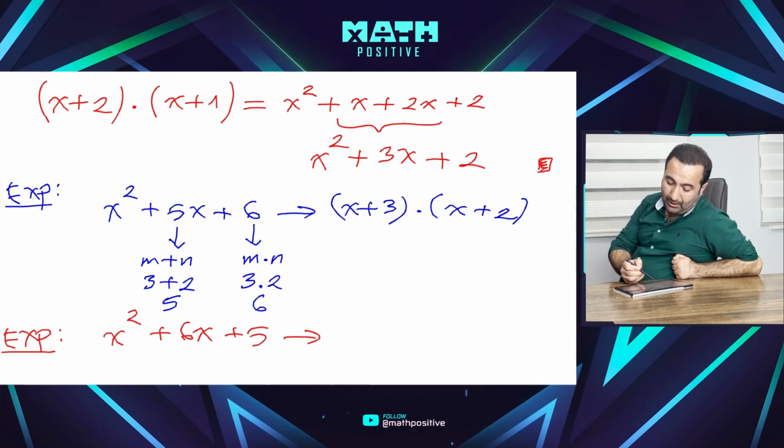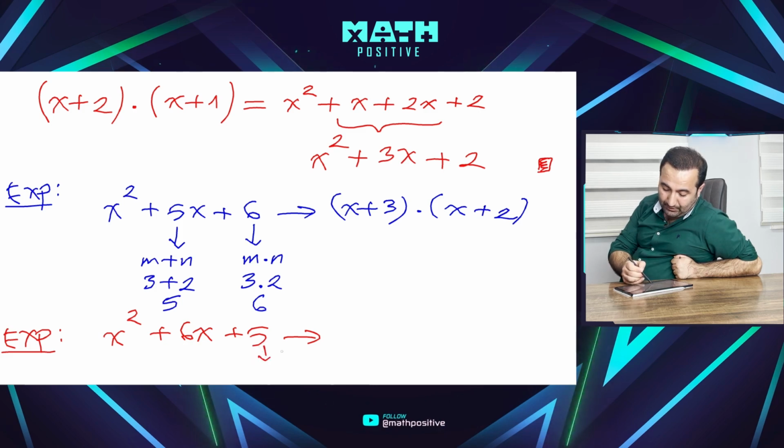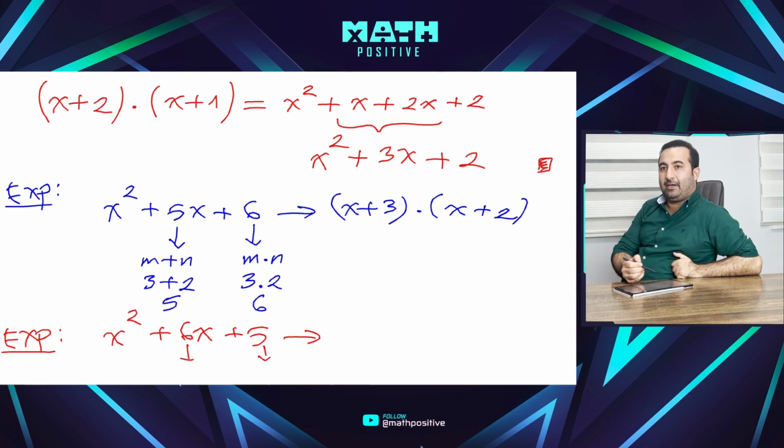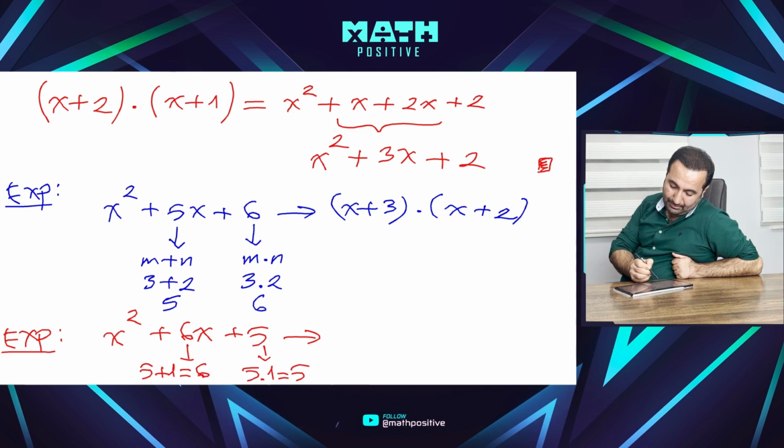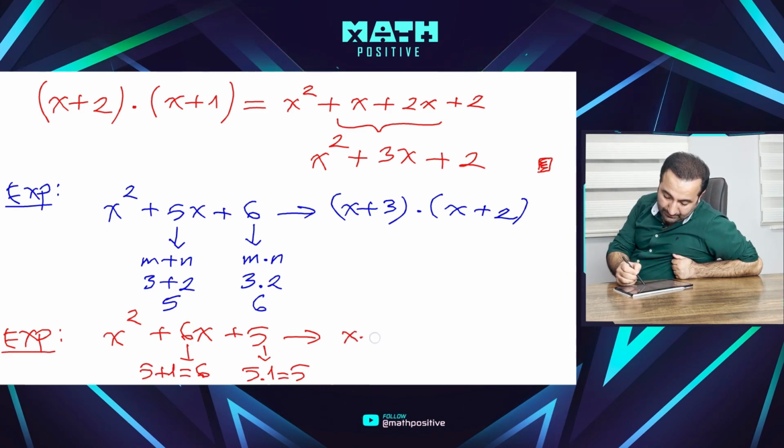We need two numbers whose product will be 5 and whose sum will be 6 this time. 5 times 1 equals 5 and 5 plus 1 equals 6. Our numbers are 5 and 1. Then the expression will be factorized as x plus 5 times x plus 1.